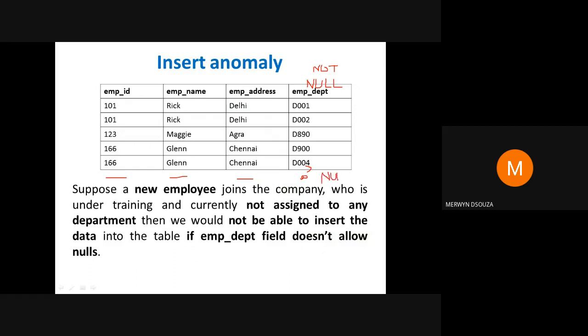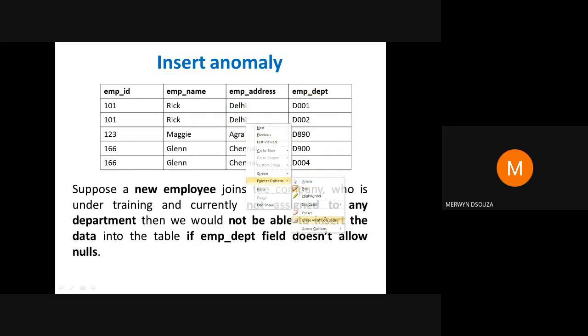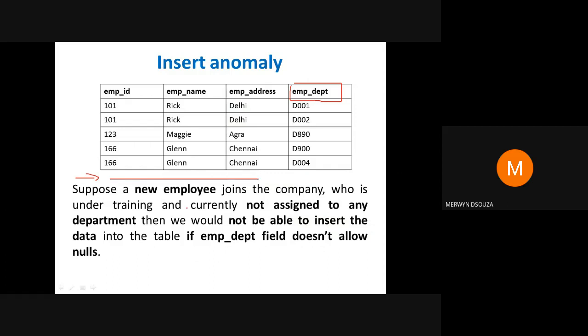While defining the table, the employee department was defined as not null. This kind of anomaly is known as an insert anomaly. Just because of one column's data, we will not be able to insert the rest of the columns.